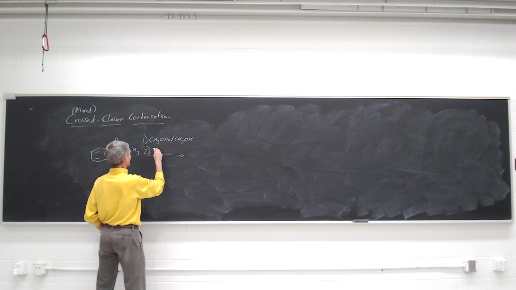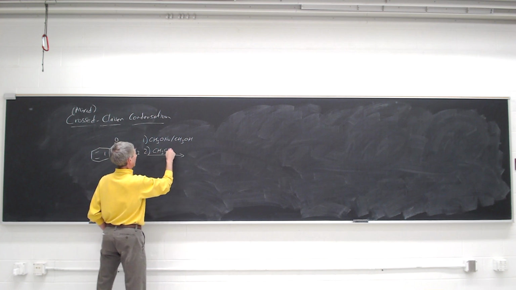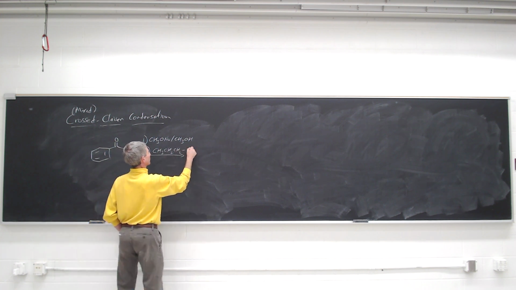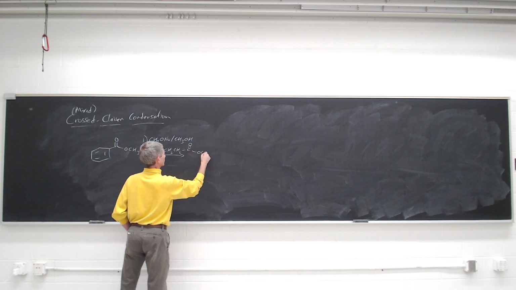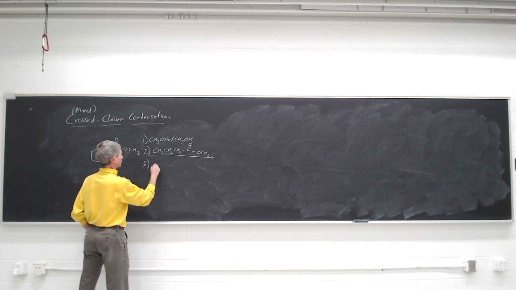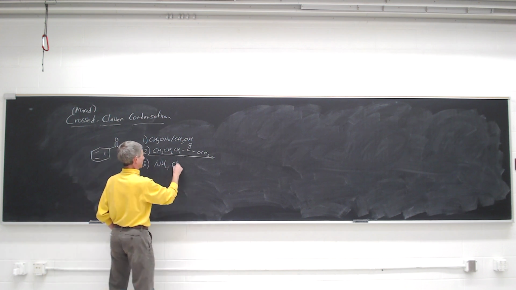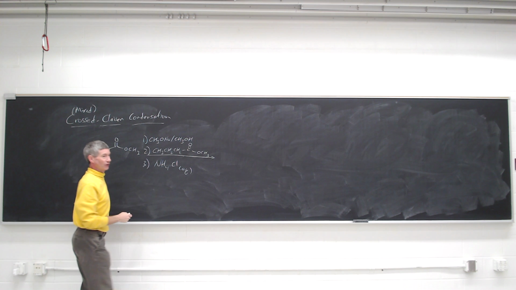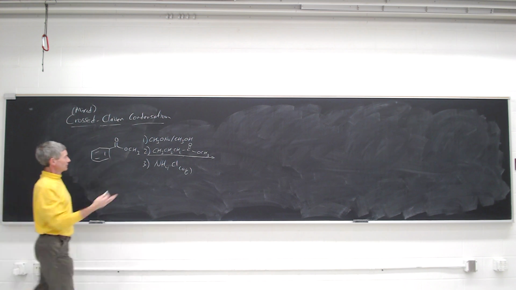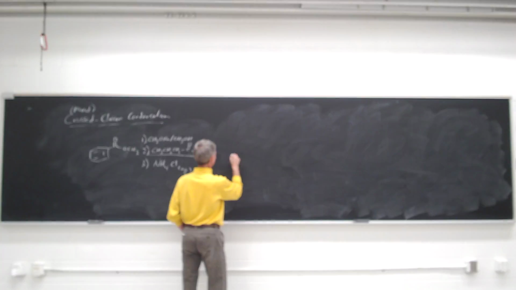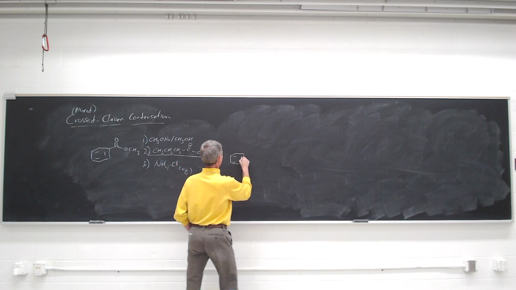Then we add our donor, our methyl butanoate, and then in the third step, we use aqueous ammonium chloride to protonate the final intermediate.